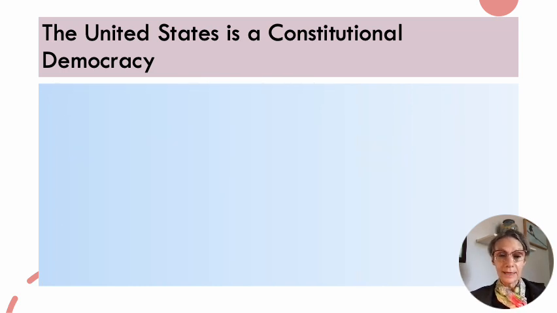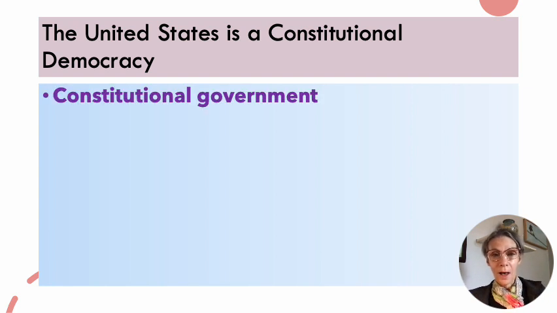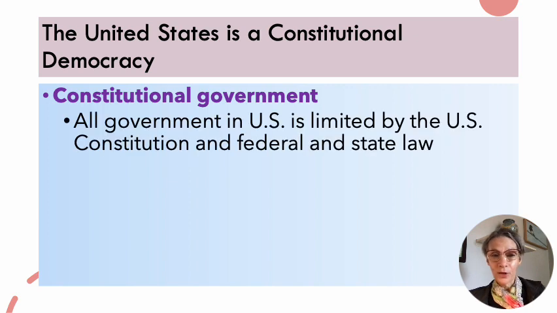So the United States is a democracy, but it's a constitutional democracy. We have a constitutional form of government. And so next week, we're going to be learning about the United States Constitution, and we're going to be learning that the framers of the Constitution were really worried that power was going to be abused, right? They had a very realistic view of human nature, and they thought, if you give people power, they're likely to abuse it.